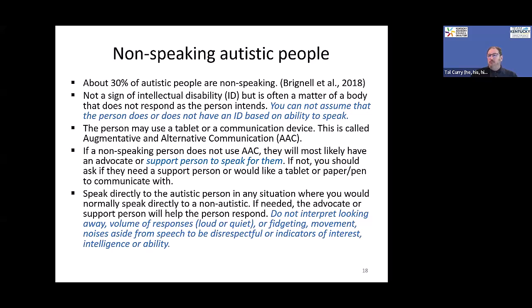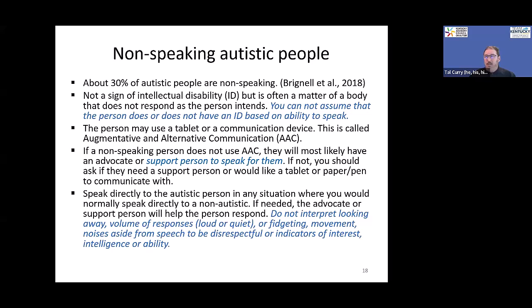If a non-speaking person does not use AAC, they will most likely have an advocate or support person to speak for them. If not, you should ask if they need a support person or would like a tablet or a pen to communicate with. Always speak directly to an autistic person in any situation, including non-speaking autistics.